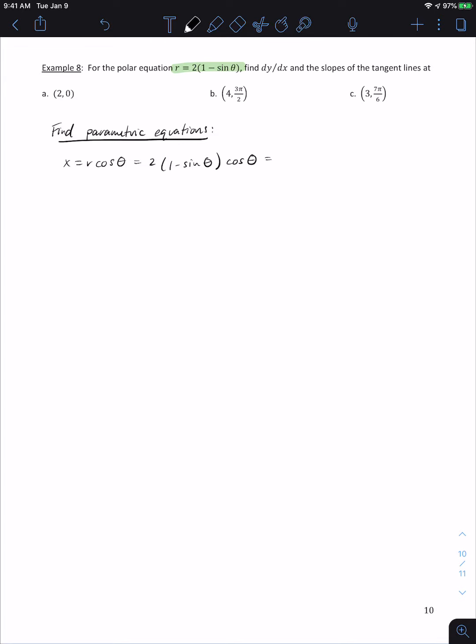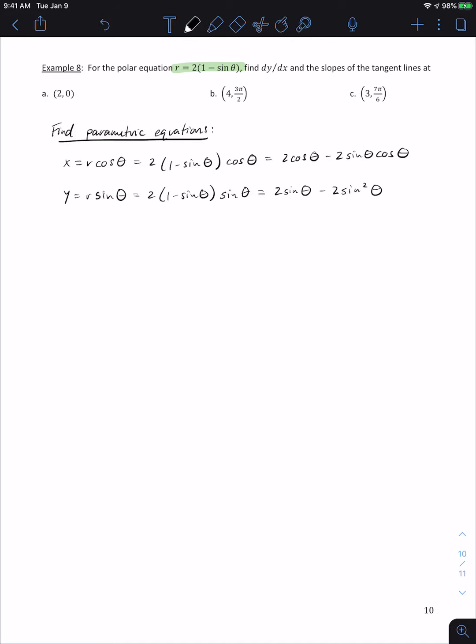So I end up getting 2 cosine theta minus 2 sine theta cosine theta. And now y is r sine theta. So that's 2(1 minus sine theta) times sine theta, which gives me 2 sine theta minus 2 sine squared theta.